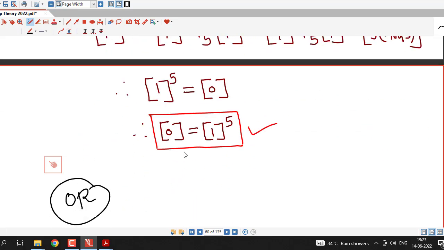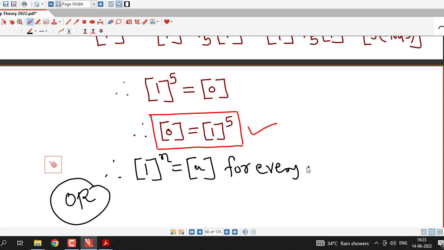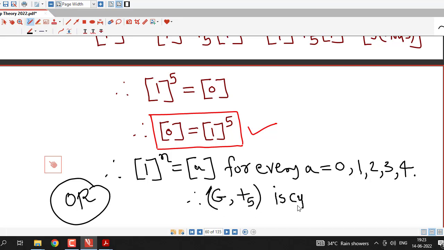So here we can see that 1 raised to n equals this, for every a equal to 0, 1, 2, 3 and 4. Therefore, G with addition modulo 5 is a cyclic group.